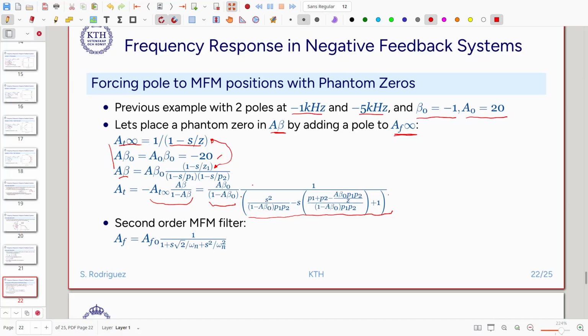Okay, and again we see almost directly there are terms that depend on the P1 and P2. There are terms that depend also here on the loop gain. So in a second order Butterworth filter, or MFM filter, we have that the closed loop gain for that filter takes the following form here, like this.